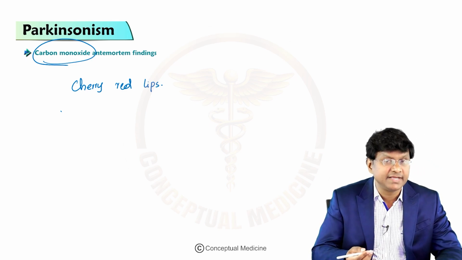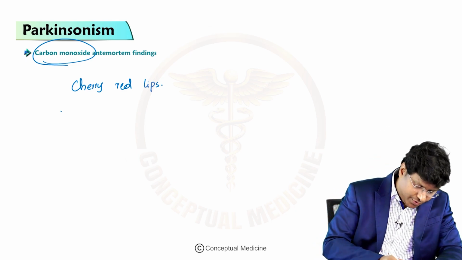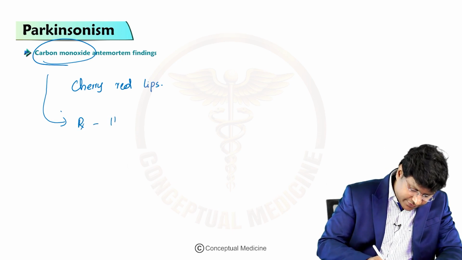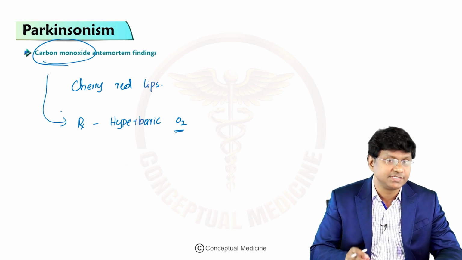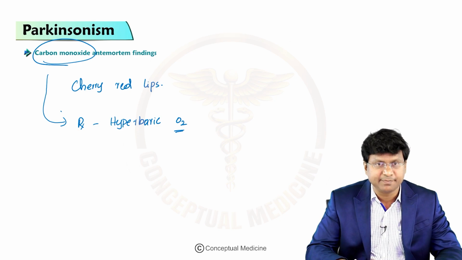And because of the basal ganglia malfunction, you will have features of Parkinsonism. And how do you treat this carbon monoxide poisoning? You need to give hyperbaric oxygen. So that will be the treatment for carbon monoxide poisoning.